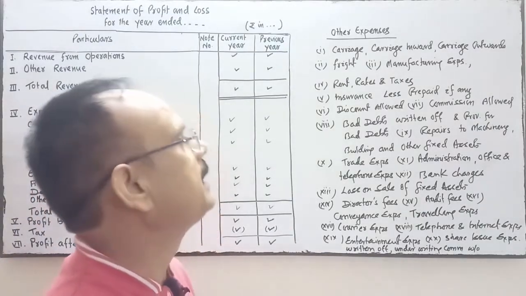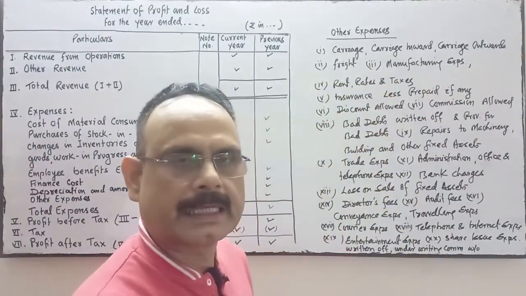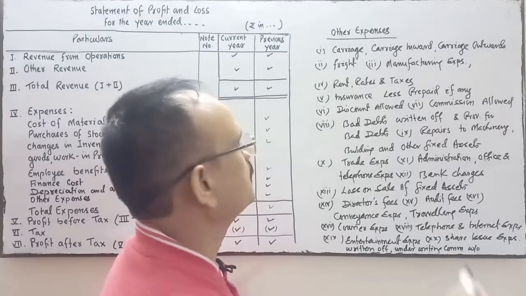Examples are carriage inward, carriage outward.